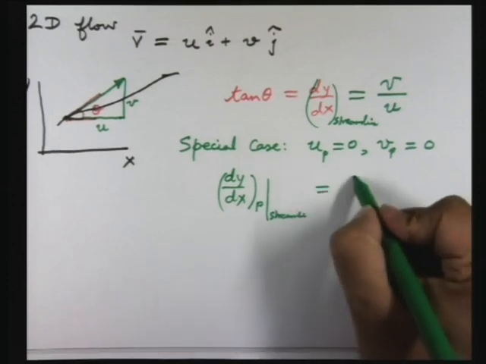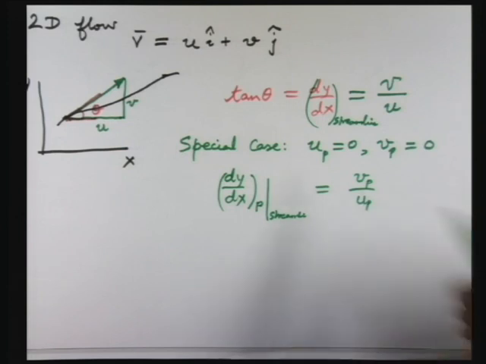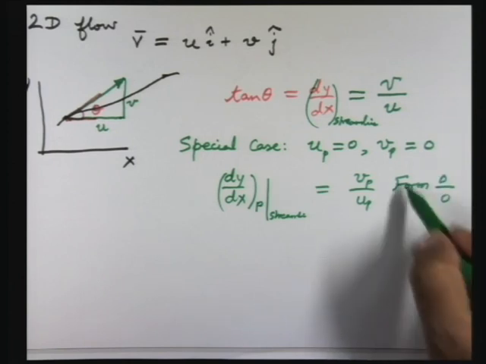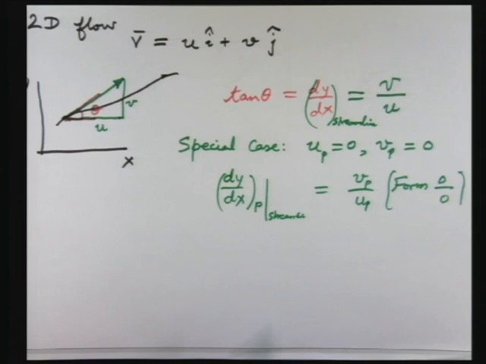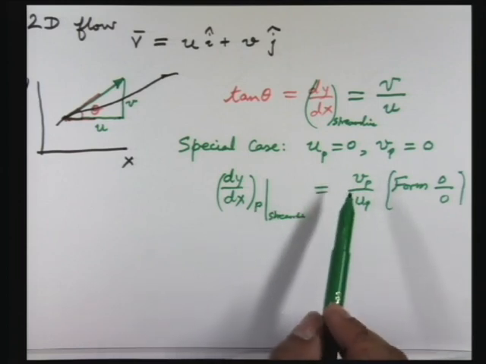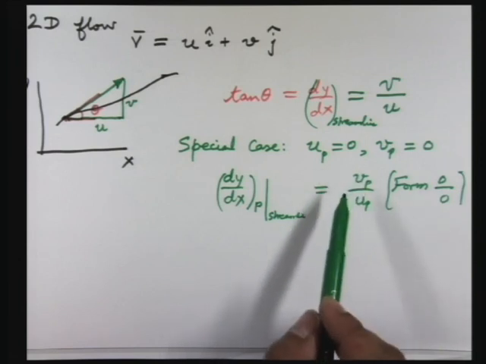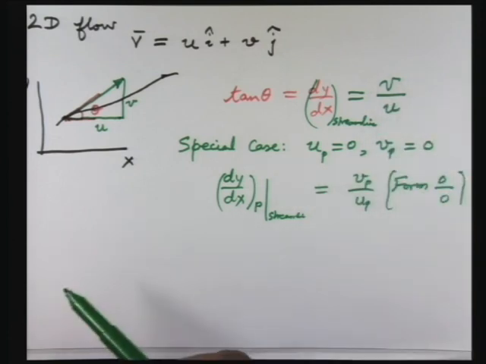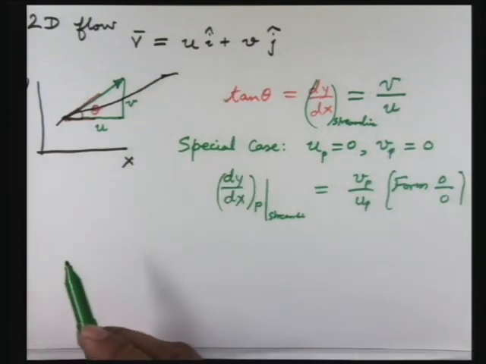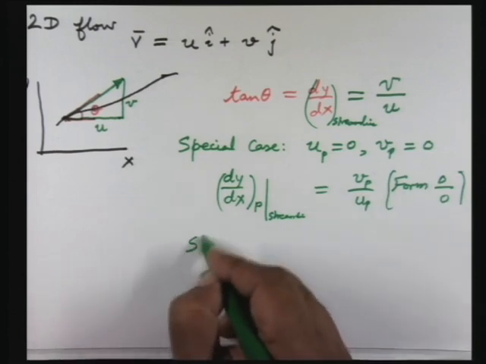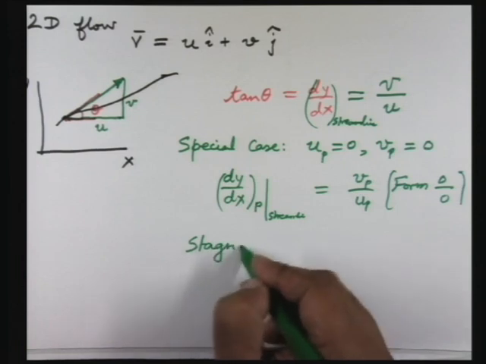So that you know is Vp by up. Now both numerator and denominator are 0. So this is indeterminate. It is of the form 0 by 0. Now you can use L'Hopital's rule to find the limit, and that can have two values. It can have more than one value. So the tangent is not defined if both the velocity components are 0 for a 2D flow. So such a point is called a stagnation point.